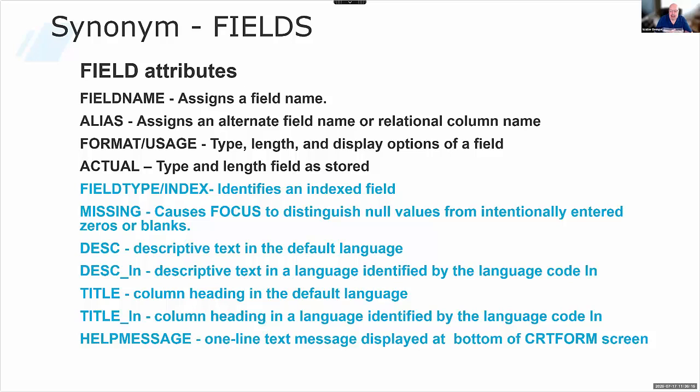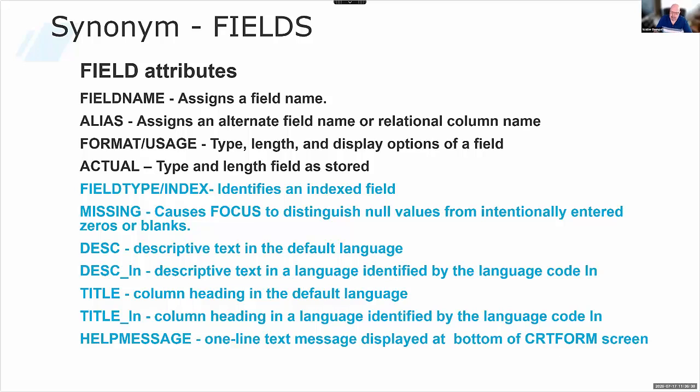You can identify if a field is an index. What happens if there is no data for this field? If it's missing, do you want it to be treated as something that's not really there? So if you're doing averages, that missing value will not count into the average and mess up the averaging of that value.